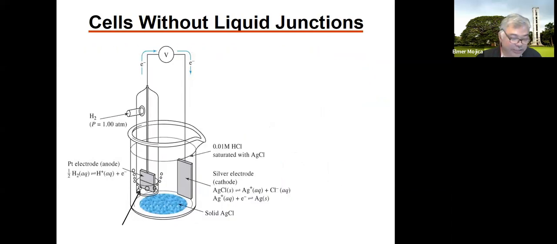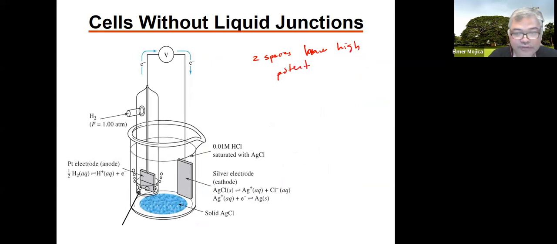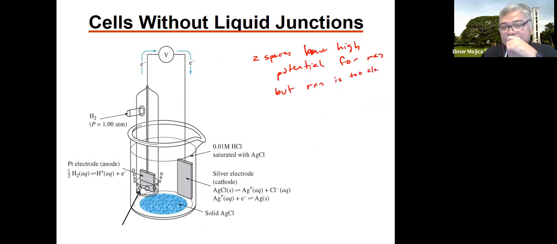You can have a galvanic cell wherein you have two species that have high potential for reaction. But the problem is what? Mabagal yung reaction nila. So you can mix two species directly into a common solution, but you don't commonly do this thing.